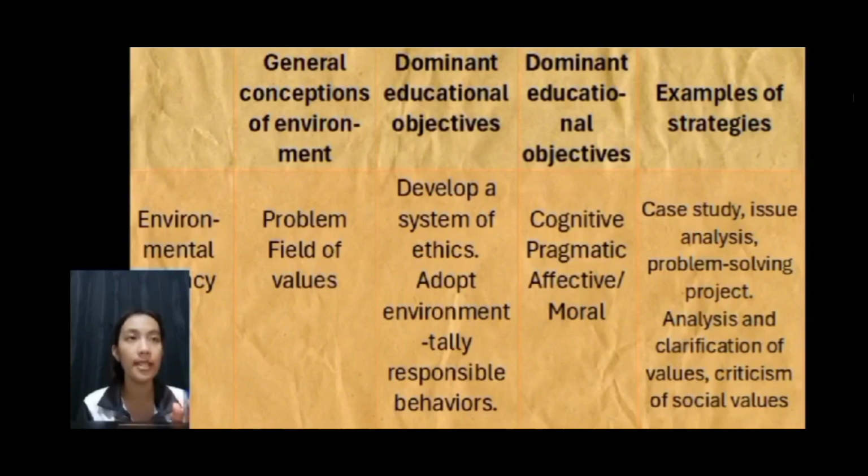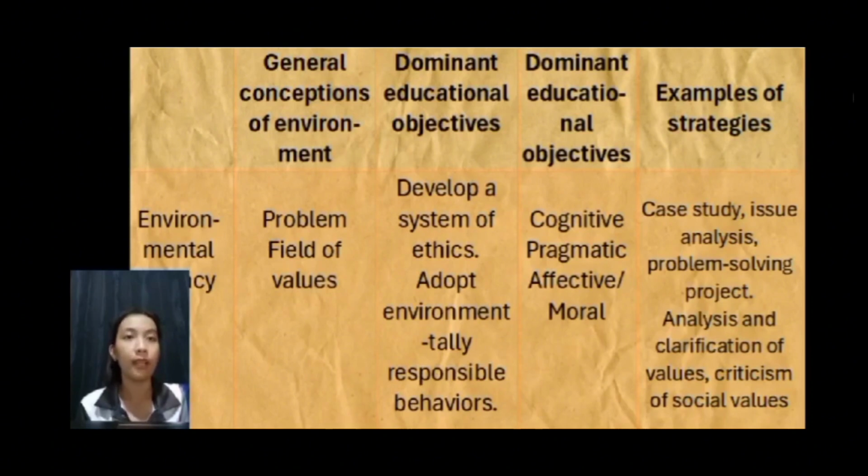It encompasses diverse attitudes towards the environment, including their views on conservation, sustainability, and the relationship between humans and nature. So it involves understanding and respecting various perspectives to enhance communication and collaboration in environmental initiatives. So that is all about the problem field of values.